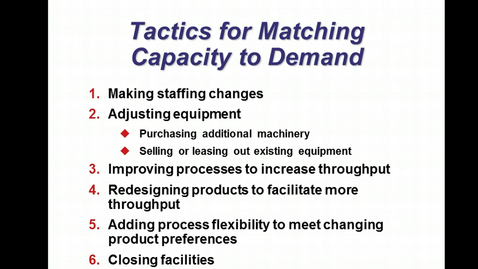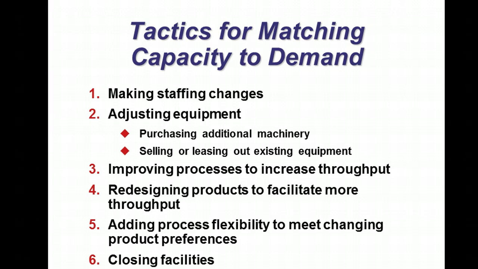Adjusting equipment, purchasing additional equipment, or selling or leasing existing equipment. Those are options. Again, there's a bit of expense involved there. Improving the process to increase throughput. Well, you should do that anyway. I'm not really sure why that would be there under capacity.